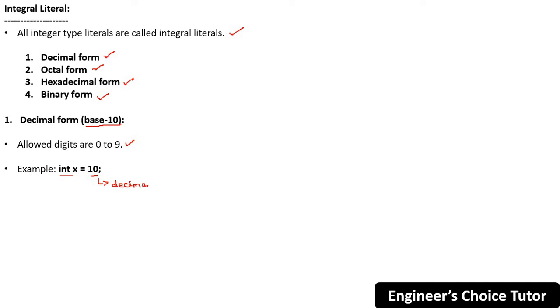Whatever we have seen previously, or will see next, is by default decimal representation only. For example, we have seen examples like int x is equal to 20 or 30. All are in decimal form, whatever we have seen till now.